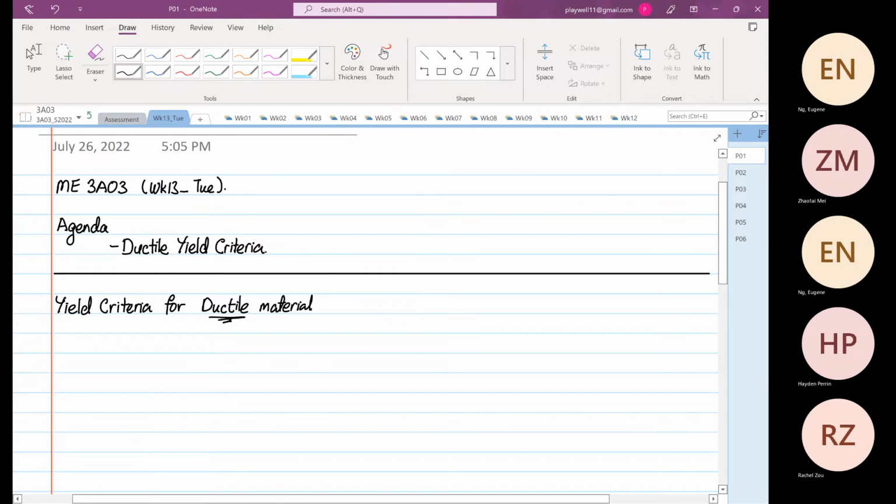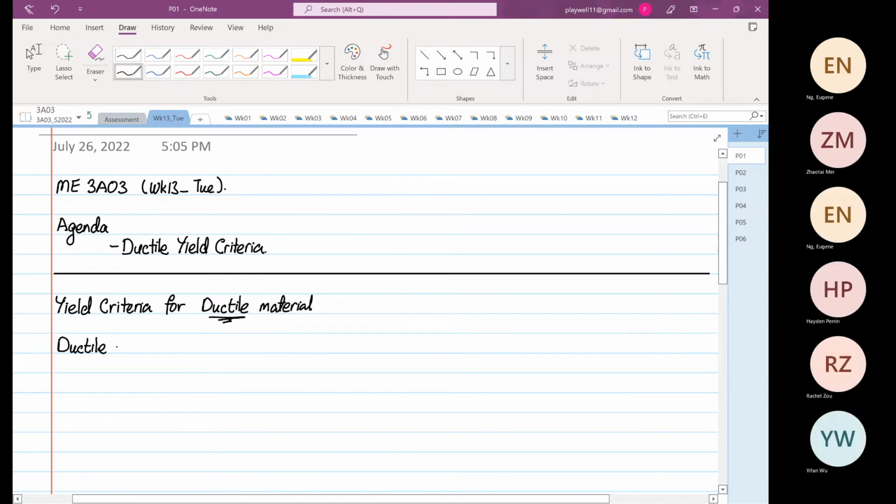So what do I mean by ductile material? It's low to medium carbon steel.